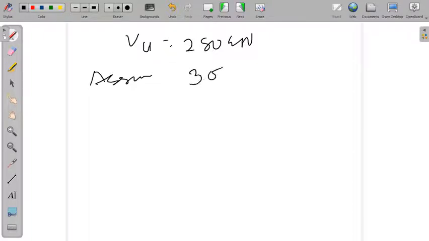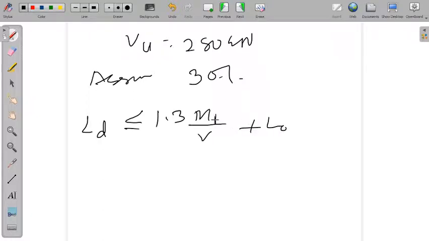So we have to increase it by 30%. If we increase it by 30%, then we can write LD, whatever the value, must be less than or equal to 1.3 M1 by V plus L0. We are assuming here that the reinforcing bars are confined by compression reinforcement.